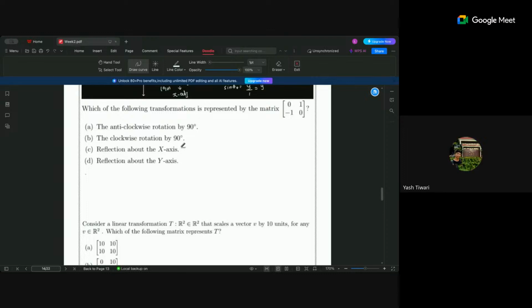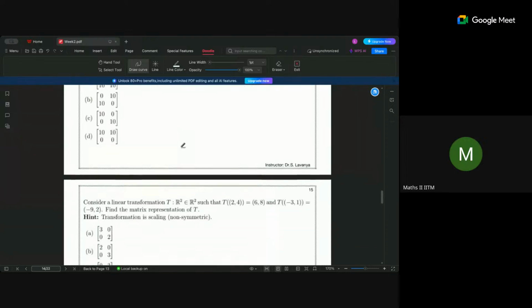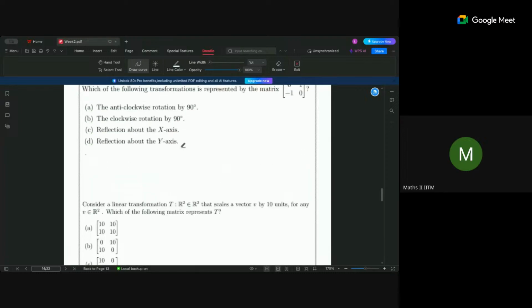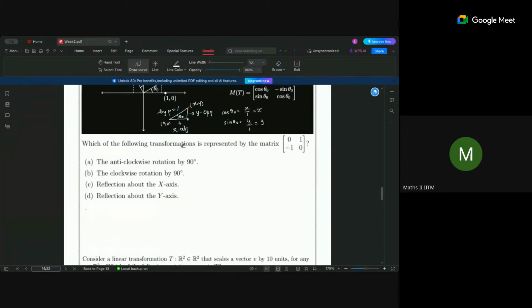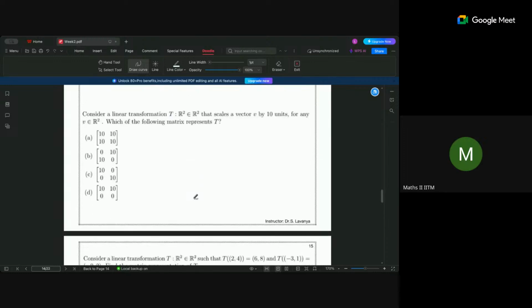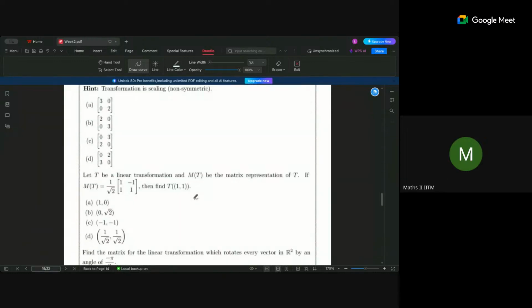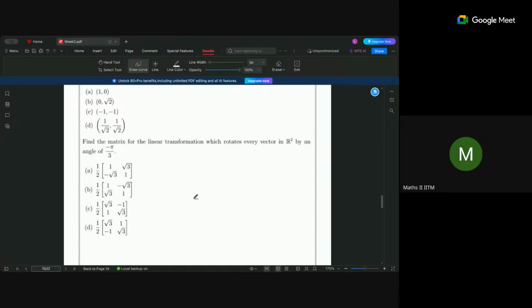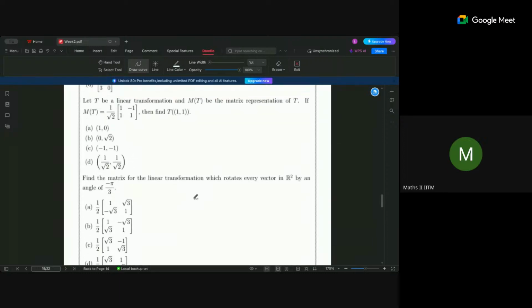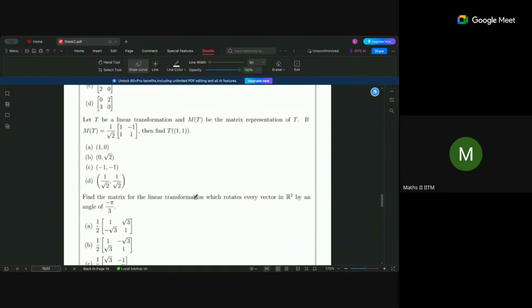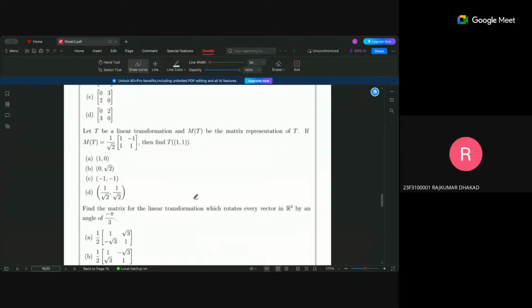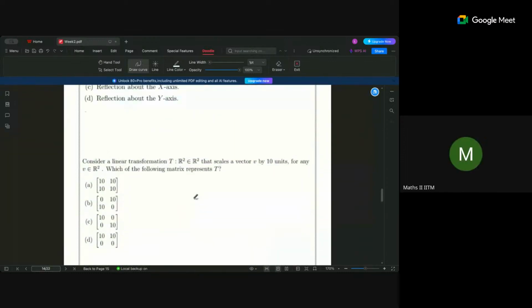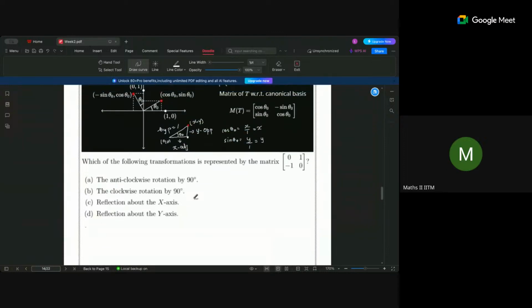Please go through them, they are very simple. Whatever doubts you have, you can ask in the next session. I will post the PDF along with these problems. Try to do it yourself. If you have any difficulty solving these, you can ask in the next session.